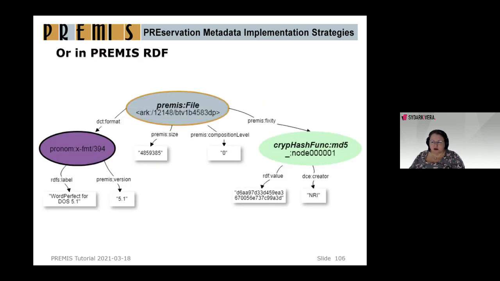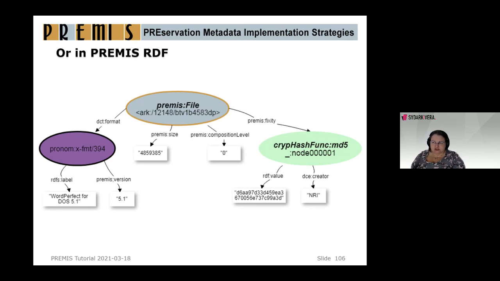Then we come into the RDF, and here is where we are really looking into using different things. We have the file, it has its identifier. We have the format. We have actually checked that format through the help of PRONOM. So we actually get an identifier for the format, which also gives us a label and the version.